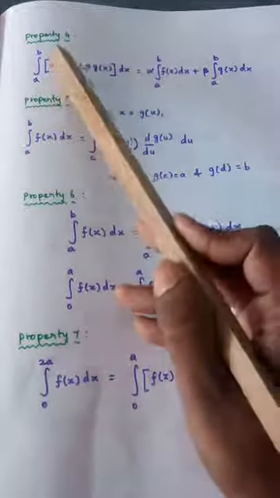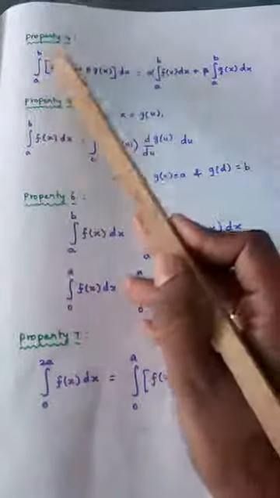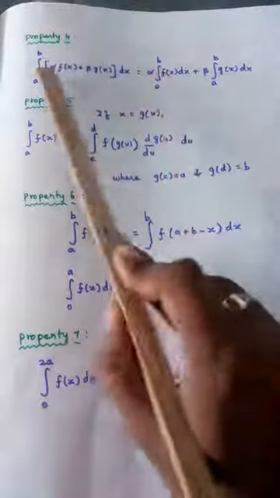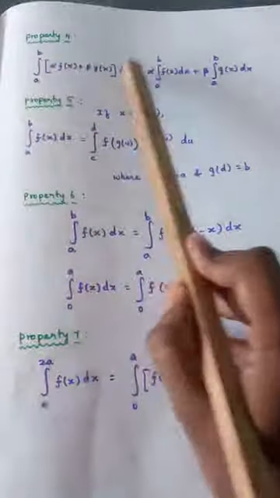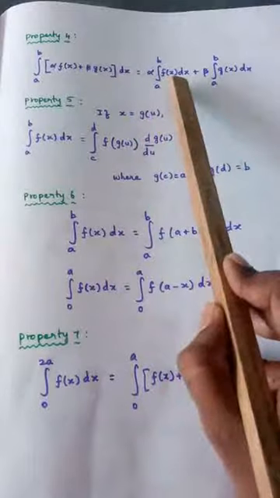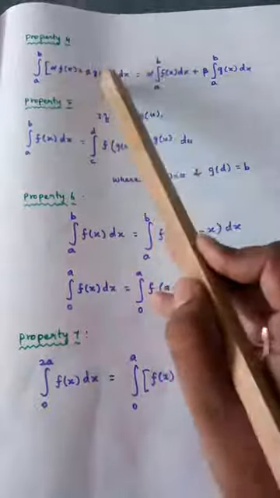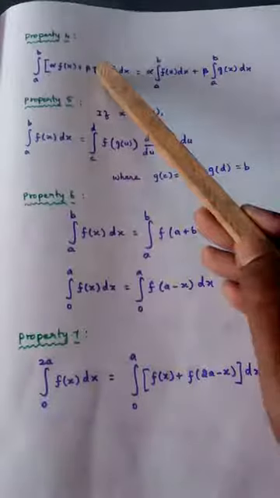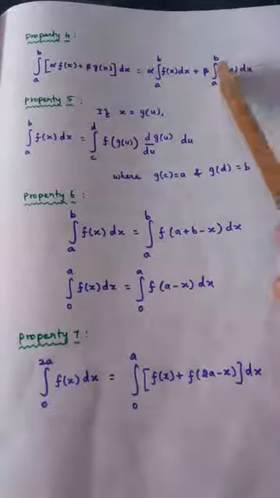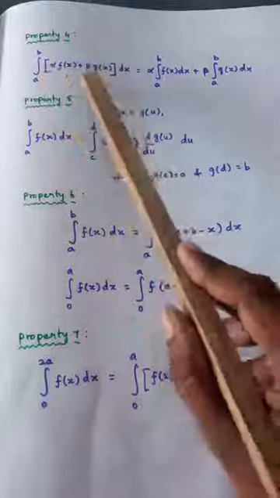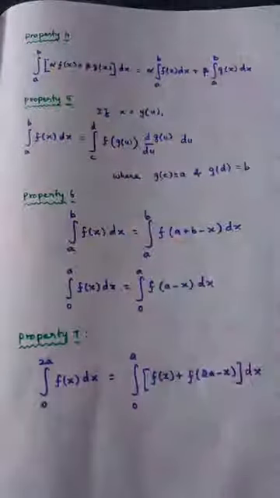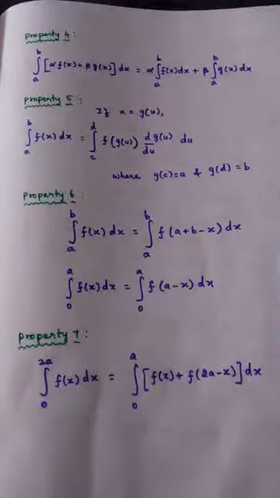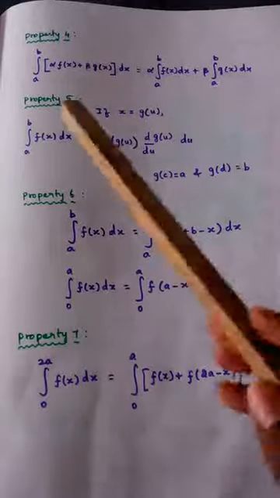When you write this, constants can be taken outside the integral. Alpha is taken outside, and only f of x dx is written in the first integral. In the second integral, beta g of x, since beta is a constant, it can be taken outside. G of x dx is written in the second integral. Like this, we can split and write. That is property 4.